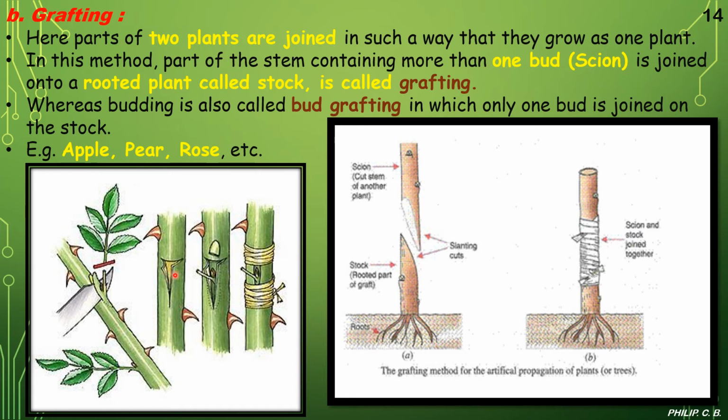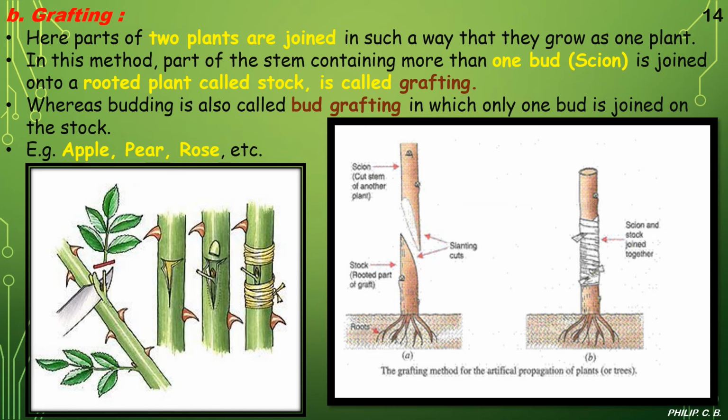Here you can see a T-shaped cut is made and a root is inserted, or a plant bud is inserted over here. Here one part of the plant, which is the stalk, and the other scion taken from another plant is joined, which is made by giving a slanting cut, joined by a cloth or a polythene sheet, and then it is kept for certain period of time, whereby the conducting tissues gets joined.